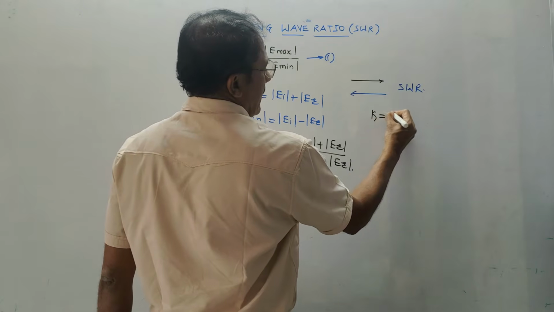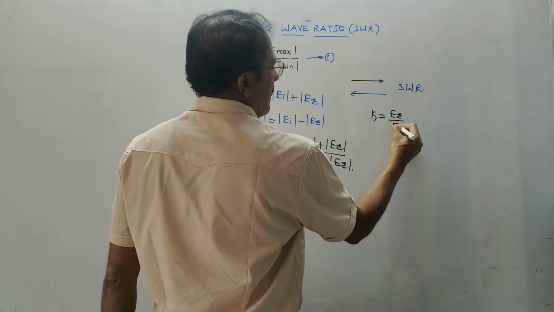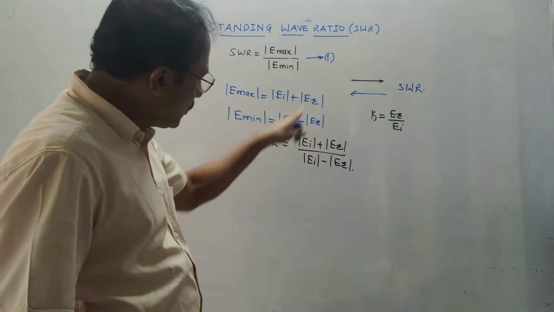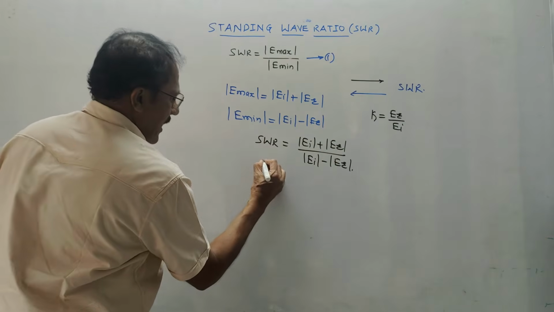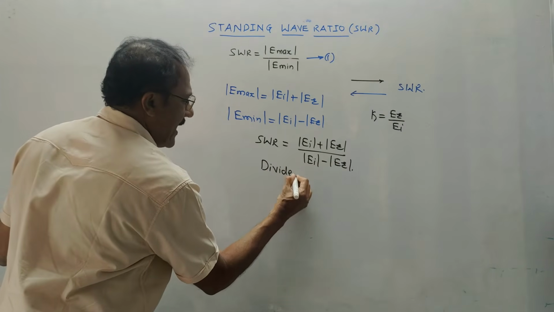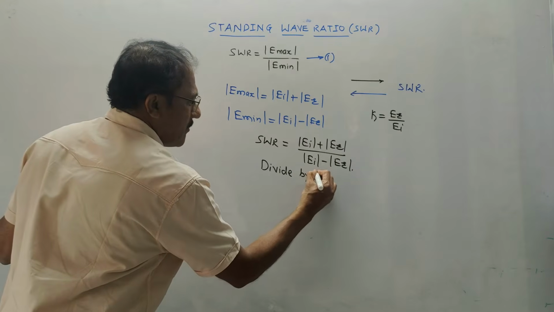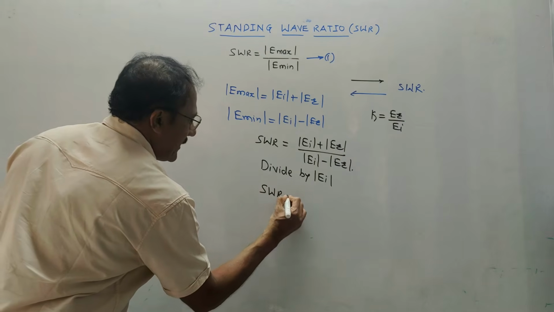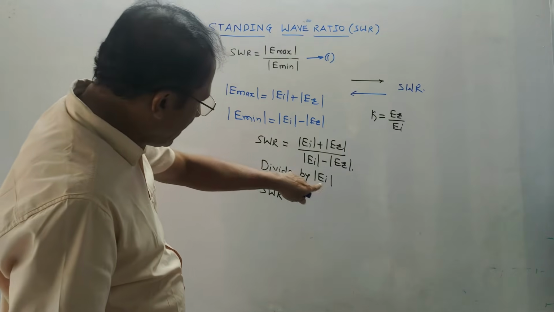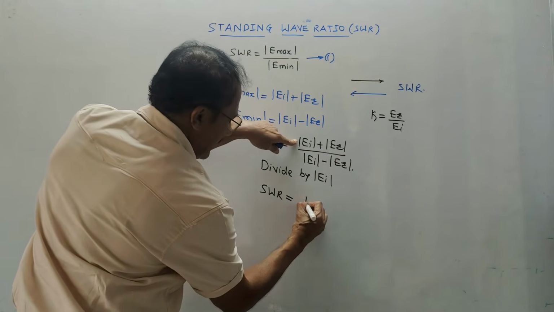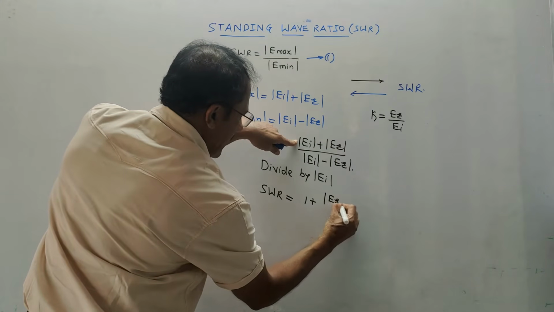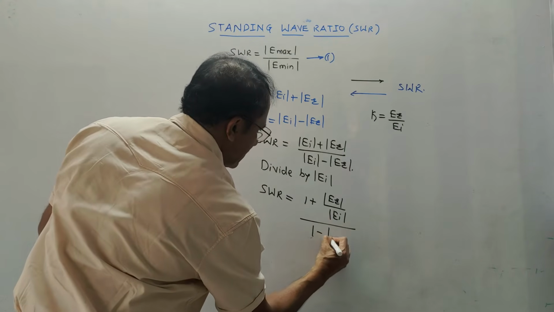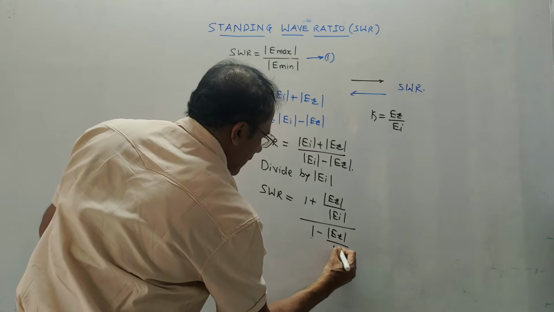Just now we discussed one formula: reflection coefficient K is the ratio ER upon EI. I want to obtain the equation of SWR in terms of K. So to rearrange the equation, I will divide numerator and denominator by mod of EI. So you will get SWR equals, first term becomes 1 plus mod of ER upon mod of EI, divided by 1 minus mod of ER upon mod of EI.